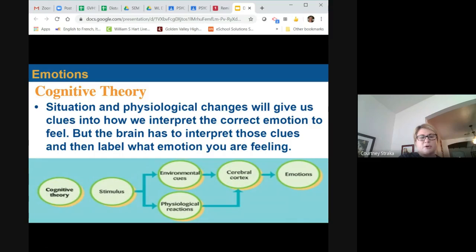The stimulus is the dog barking, coming at me, and I'm thinking it's going to bite me. Then I'm checking for environmental clues around me. I'm taking in the scene and my body starts reacting, and I'm using both of those things as clues to tell my brain I'm feeling something, and then my brain has to label what that emotion is. It's kind of a step up from both of those theories, which they brought into the cognitive theory.